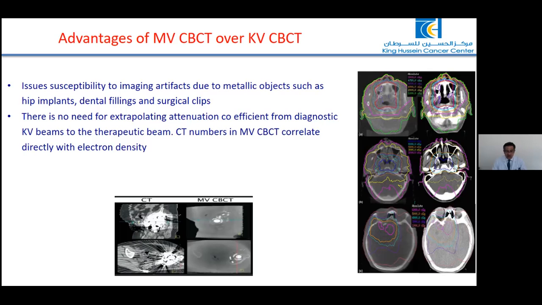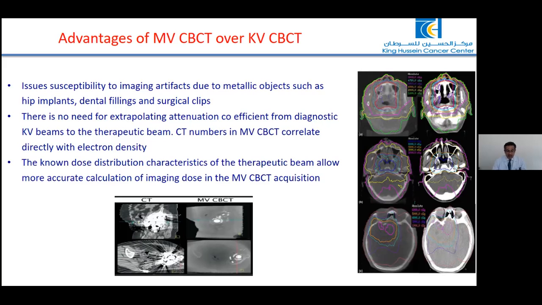And there is no need for extrapolating attenuation coefficients from diagnostic KV beams to the therapeutic beam. And here the CT numbers in the MV CBCT correlate directly with the electron density. The known dose distribution characteristics of the therapeutic beam allow more accurate calculation of imaging dose in the MV CBCT acquisition.